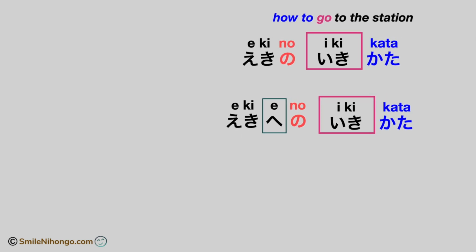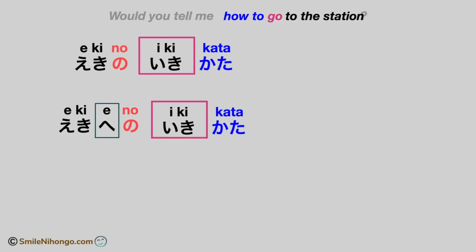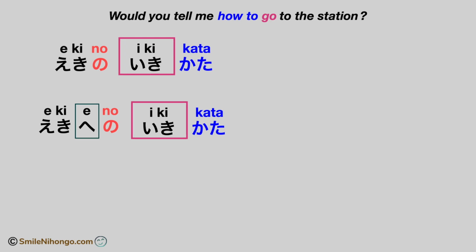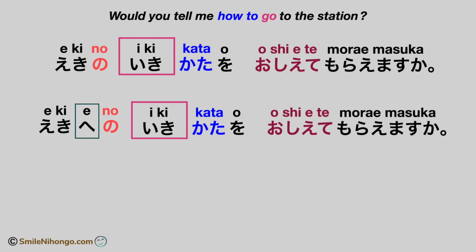So, in Japan, when you need to ask someone, Would you tell me how to get to the station? You can say, 駅の行き方を教えてもらえますか? or 駅への行き方を教えてもらえますか?